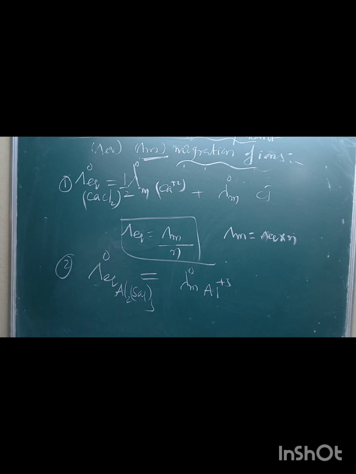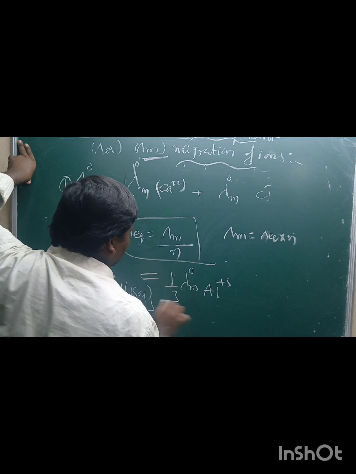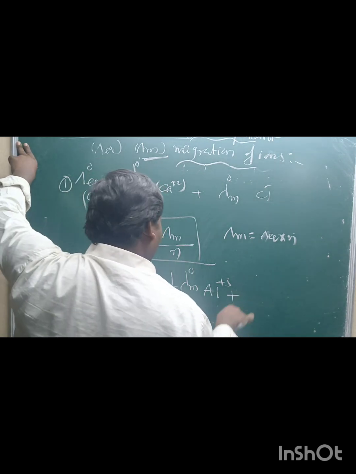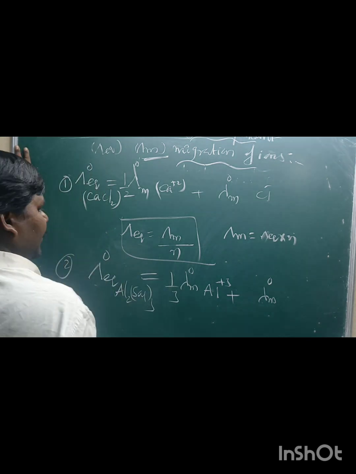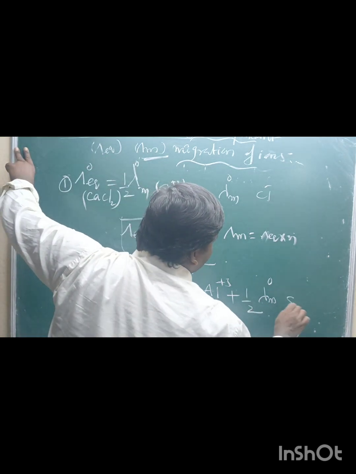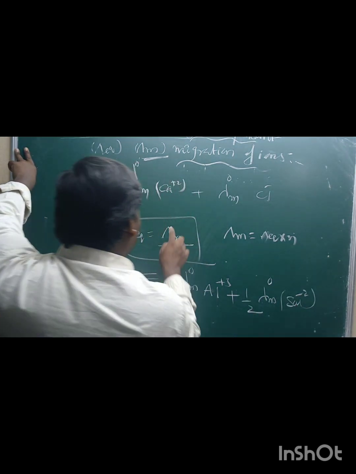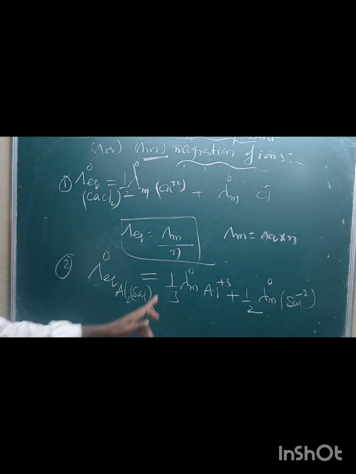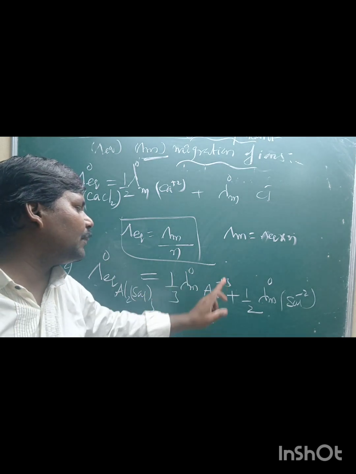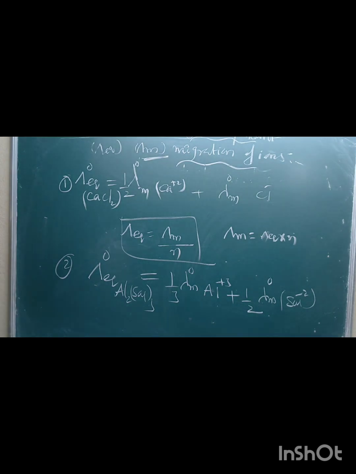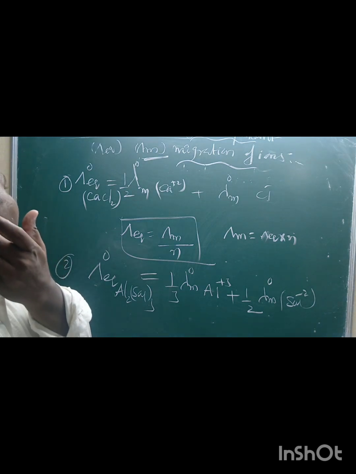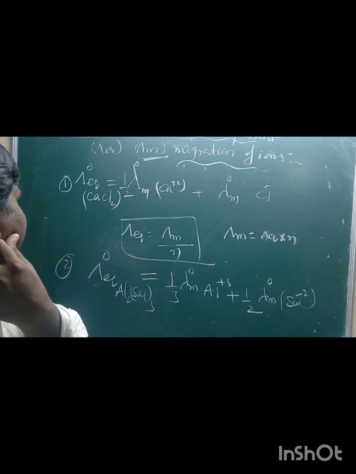That's why here only by 3, charge by 3, plus lambda m naught of sulfate SO4 minus 2 by 2. Only charge is by n. Okay, this is 1 by 3 lambda m naught Al plus 3 plus 1 by 2 lambda naught SO4 minus 2. Okay, this is applicable for only weak electrolytes.